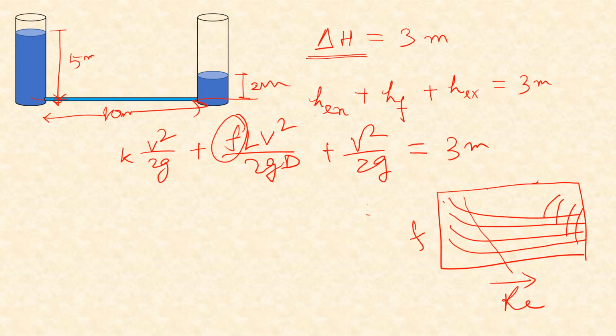So in this case, we'll look at the Moody's diagram later on in some other problem, but for this case, let's say the friction factor is approximately 0.03.